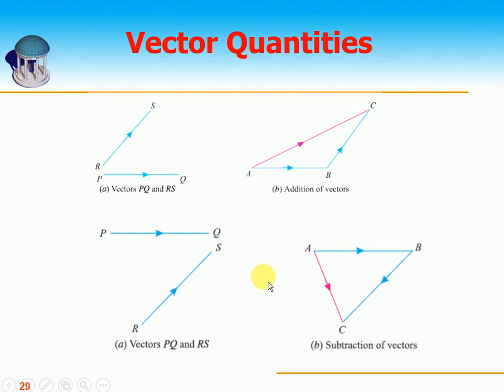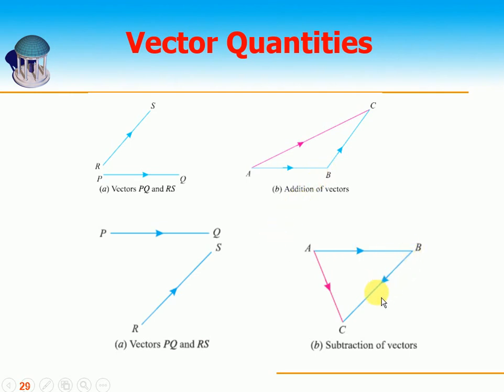Now, what is the subtraction of a vector? Basically, subtraction of a vector is again an addition of a vector. For example, in this case, if we are subtracting the two vectors, this one is BC, so we are doing A plus minus B. First of all, we draw the negative of the vector BC. This negative vector is equal in magnitude to BC but in the opposite direction.